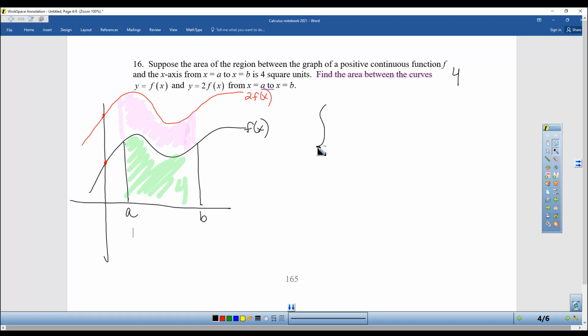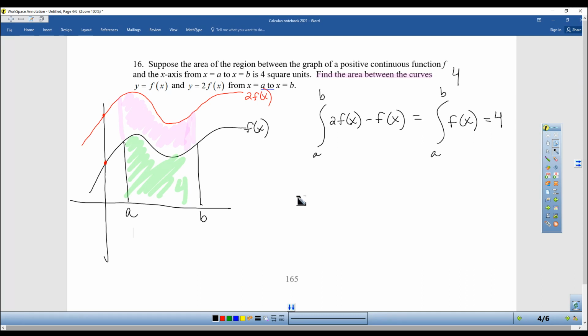It would be the integral from a to b of 2f of x minus f of x, which would be the integral from a to b of 1 f of x. And we've already learned that the integral from a to b is 4.